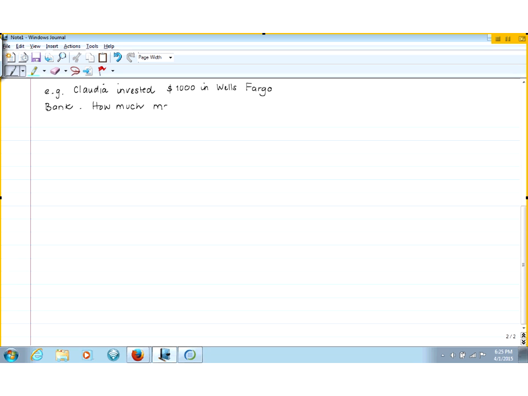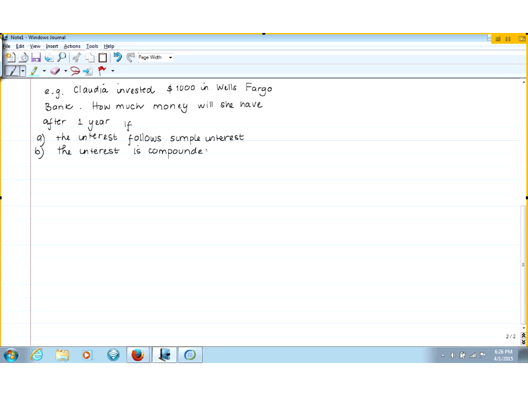How much money will she have after 1 year if, so let's consider two different scenarios here. A, the interest follows simple interest. And B, if the interest is compounded quarterly.